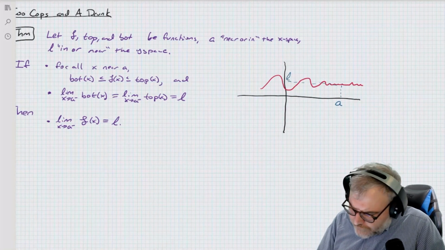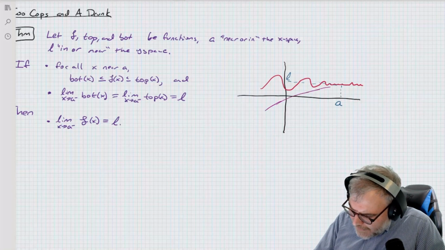Now, I have two functions, one of them called top, and one of them called bot, which does something like this. I need to make them like this.